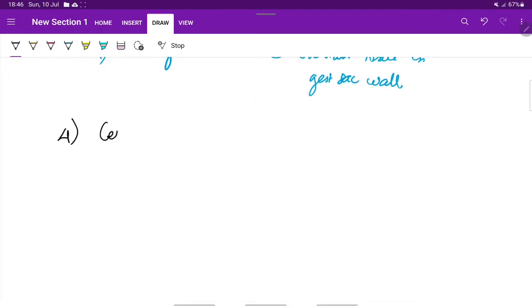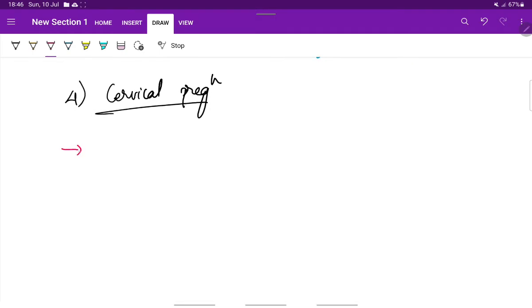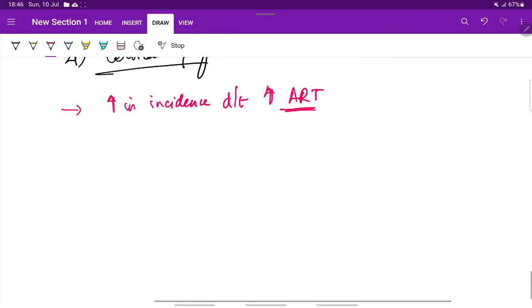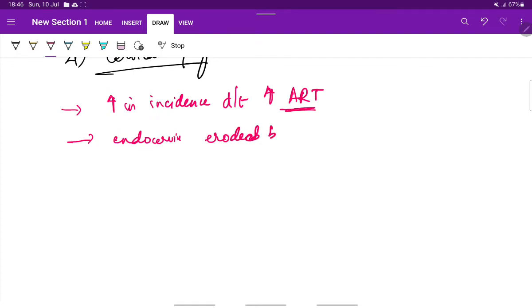Next is the cervical pregnancy. This was initially rare, but nowadays there is increase in incidence of cervical pregnancy due to increased assisted reproductive techniques. Here the endocervix is eroded by trophoblast, and there will be painless vaginal bleeding.